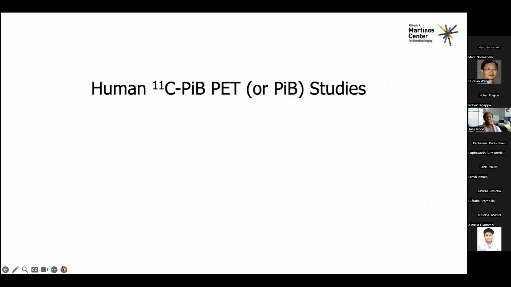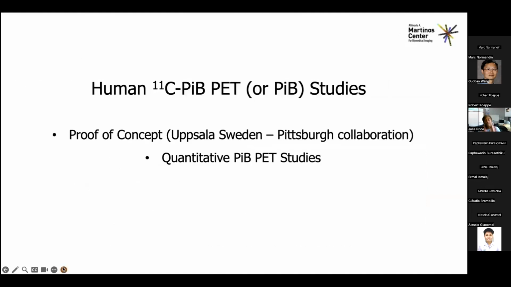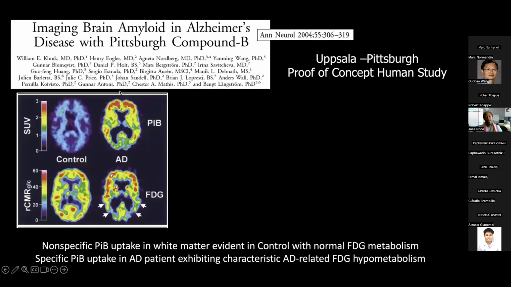So moving forward, many of you have heard about the very first proof of concept studies performed with colleagues at Uppsala in Sweden. And basically, this is a summary figure from that first paper.